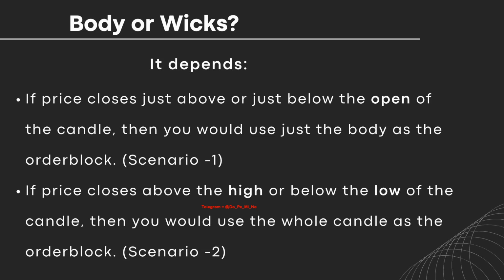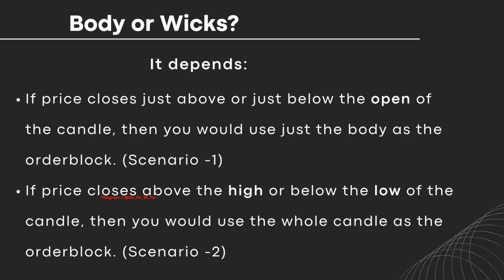So the different scenarios we've got are the following. The first one is that if price closes just above or below the open of that candle that purged liquidity or filled liquidity, then you would use just the body of the candle as an order block, because price has only closed above or below the open, and it hasn't closed above or below the wick.